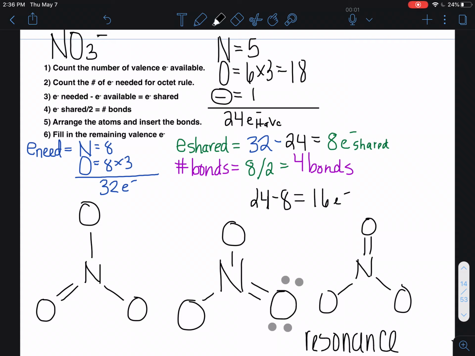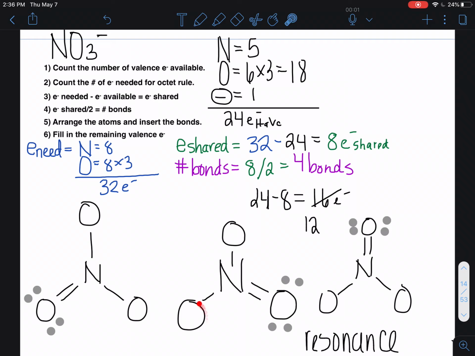Okay? Since I did that, I'll just go ahead and do that with every single one. Okay, that has a double bond. So I just got rid of 1, 2, 3, 4. Now we have 12 electrons remaining.